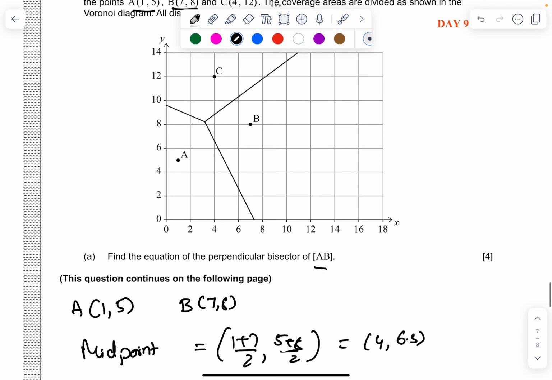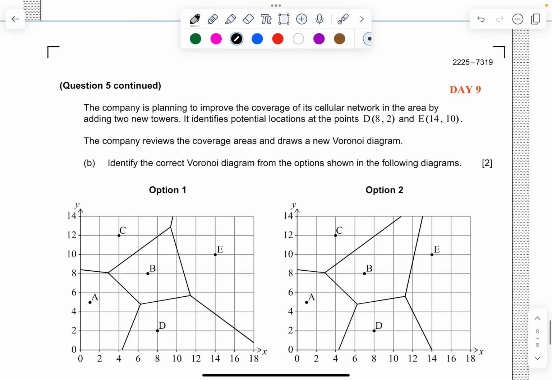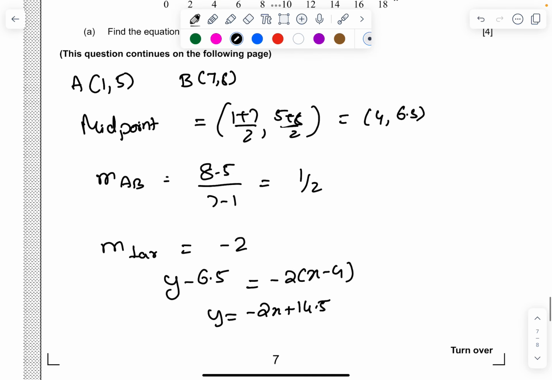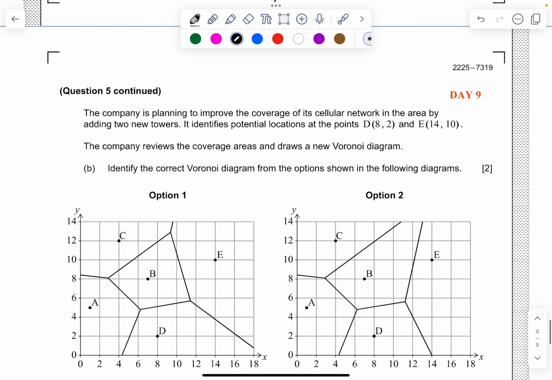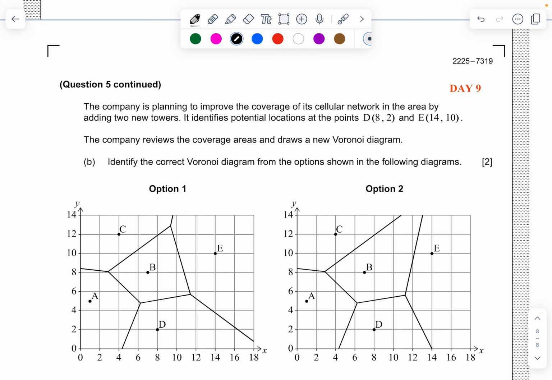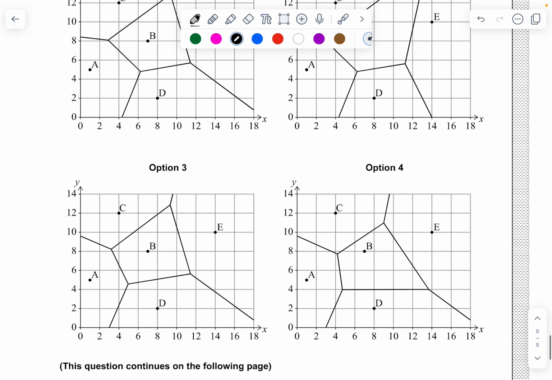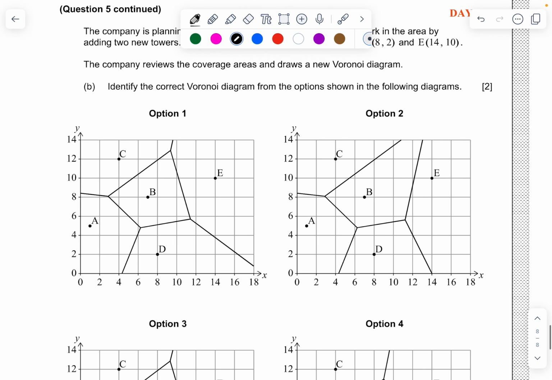ABC is there. D is (8, 2) and E is (14, 10).